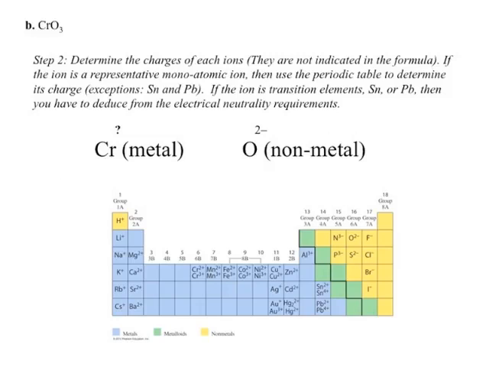However, chromium is a problem. Chromium is a transition metal, and transition metals can form different types of cations with different charges. So you cannot use the periodic table to decide the charge. Let's move to the next slide.